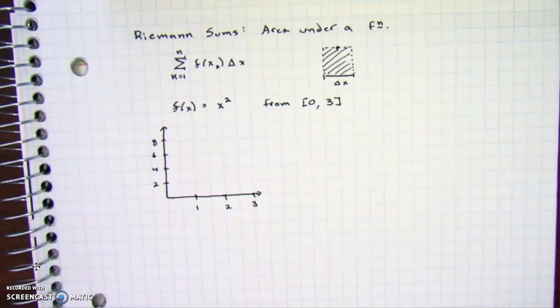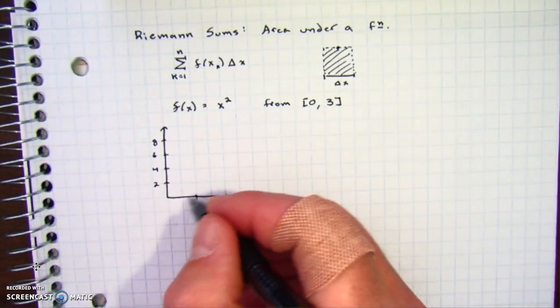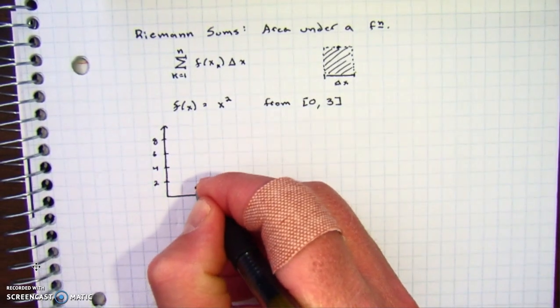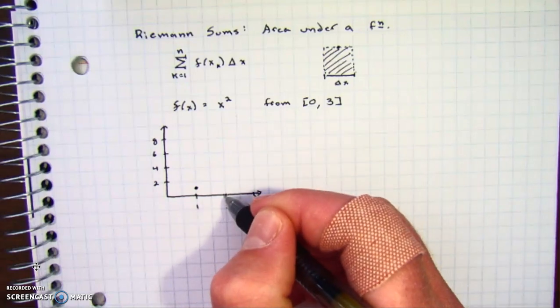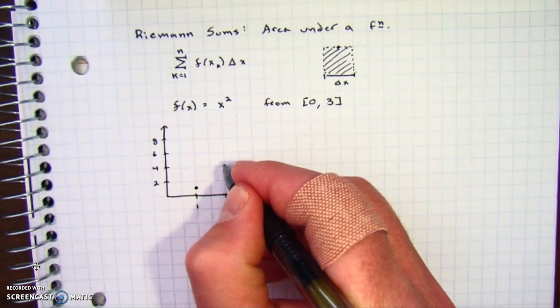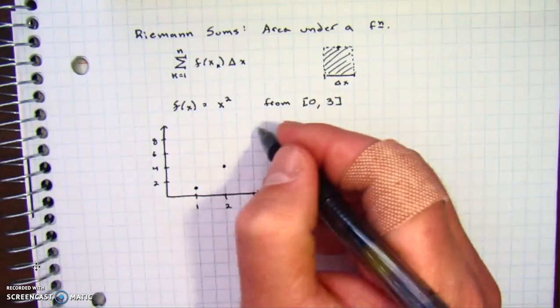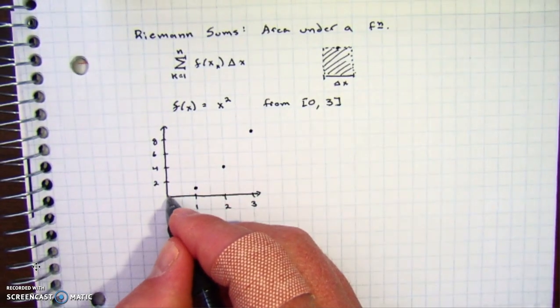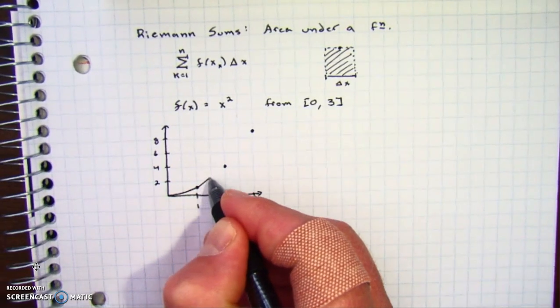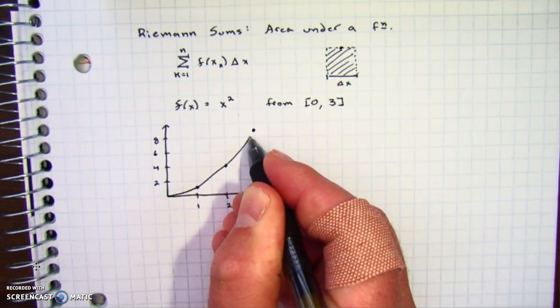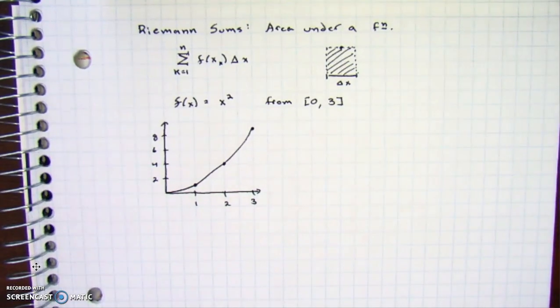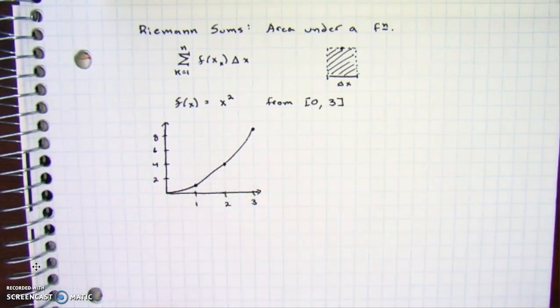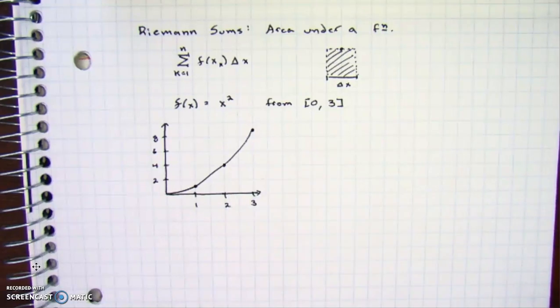Okay, so let's sketch our graph real fast. 1 squared is just 1. 2 squared is 4. And 3 squared is 9. So we connect these and try to smooth. Oops, that's not really going to be smooth, but there we go. Sorry, that one didn't come out good. But this will give us the idea.